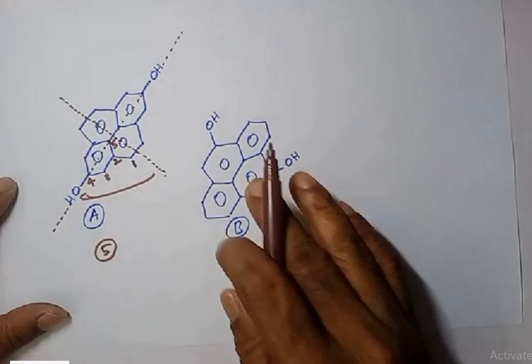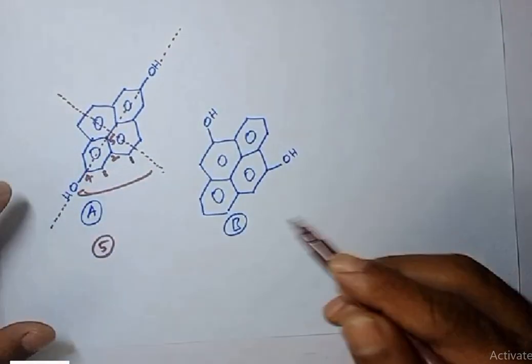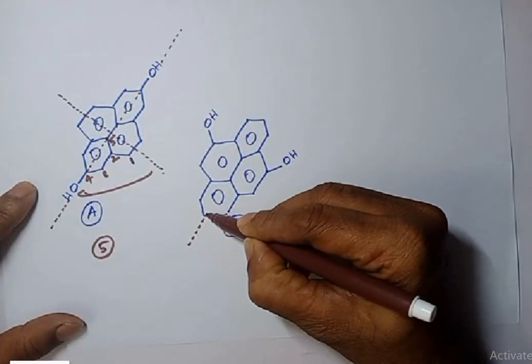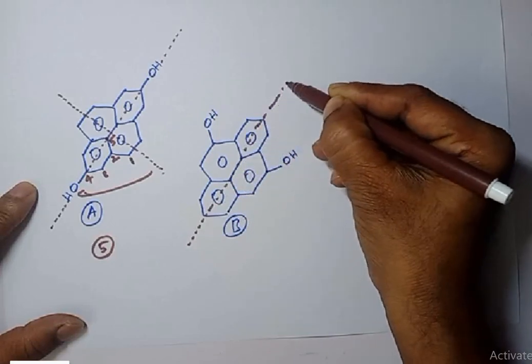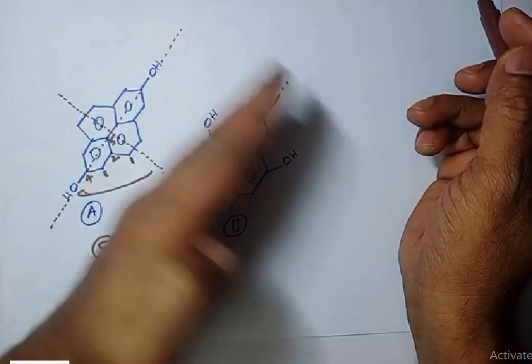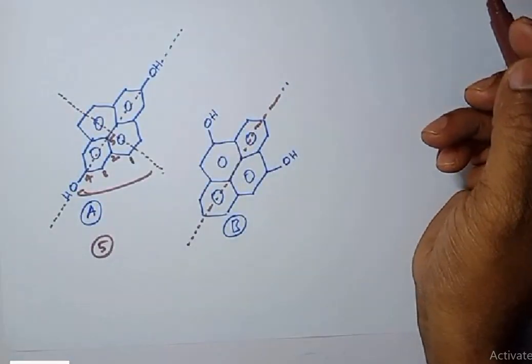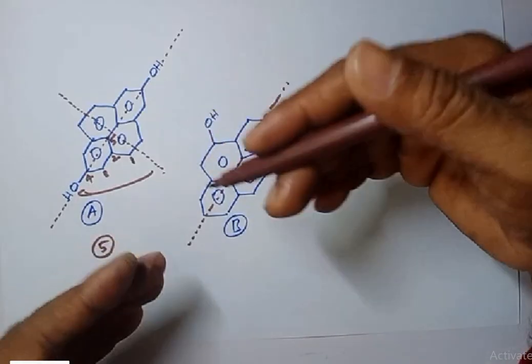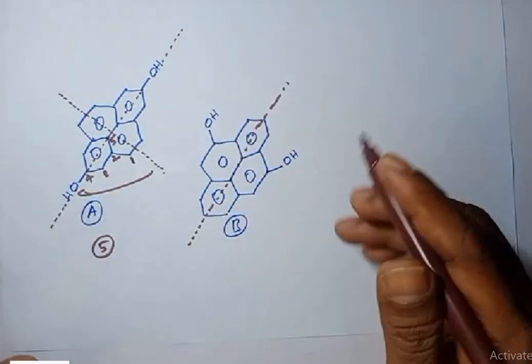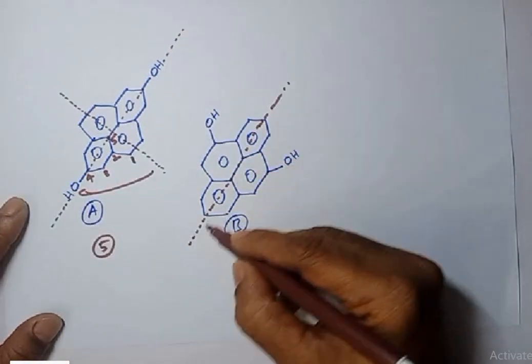Then what about this? Yes, this compound also has a plane of symmetry, but it has only one plane passing through these carbon atoms. If I keep a plane here, we can divide the molecule into 2 equal halves. Now how many carbon atoms are there? You can count the number of carbons this side or that side, both are equivalent. So I'll count from here.